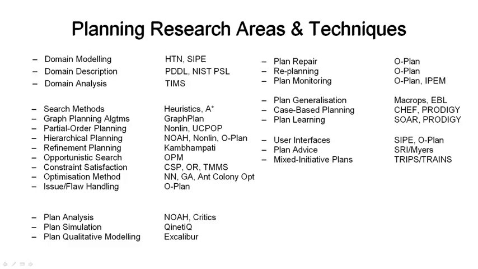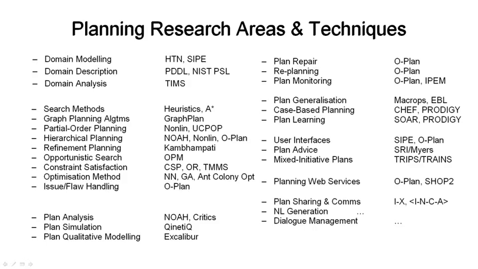The support of the user involved in planning via suitable user interfaces, advice interfaces, and the ability to generate plans in a mixed initiative fashion between the automated system and a human are important. In recent years, planners have been made available as web services in order that they can be used as a component of larger scale systems. And plans can be used in a range of other areas such as natural language generation, dialogue management, the sharing of plans between humans and so on.